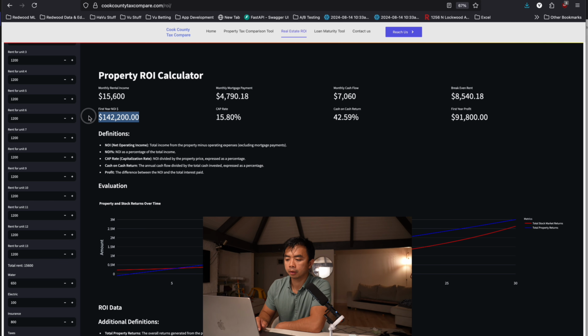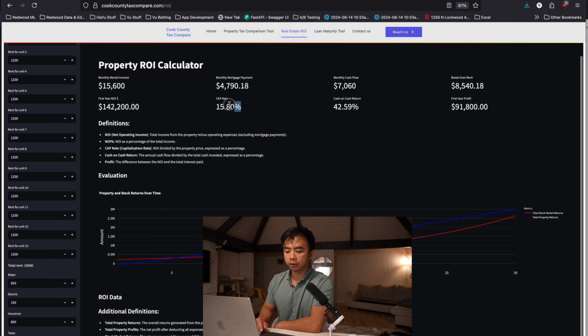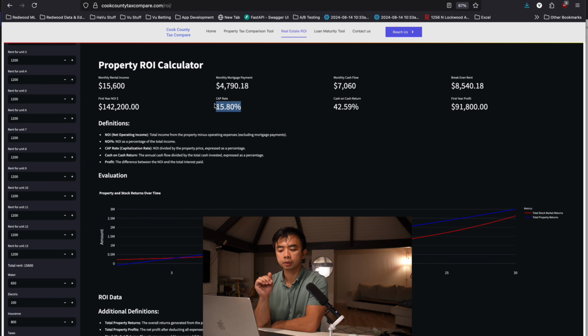$15,600 per month. Monthly mortgage payment is only $4,800. Your break-even rent is $8,500. Your first year NOI is $142,000. Huh. So this unit is very profitable. Your cap rate is 15%. Cash on cash return is 42%.